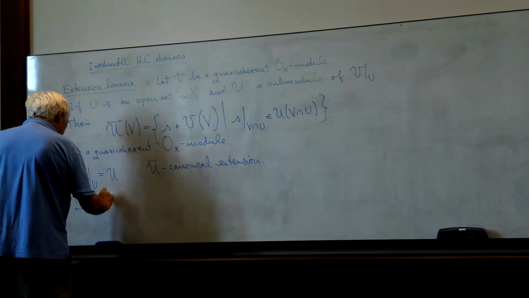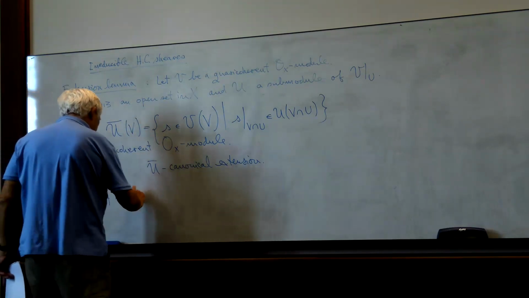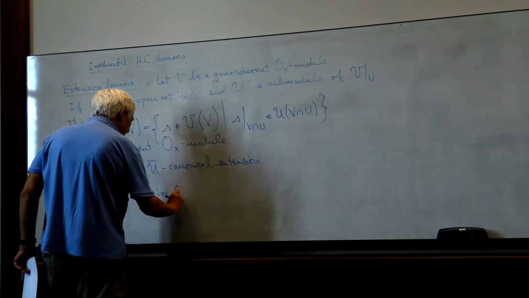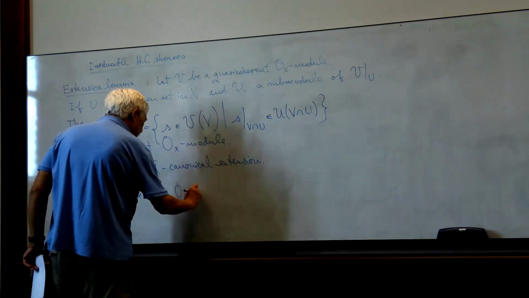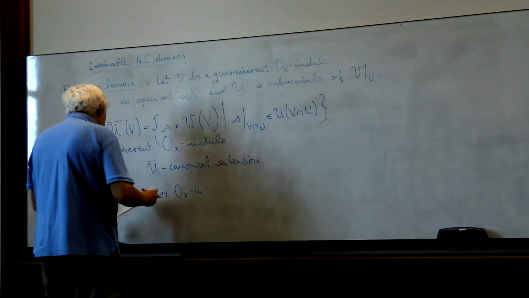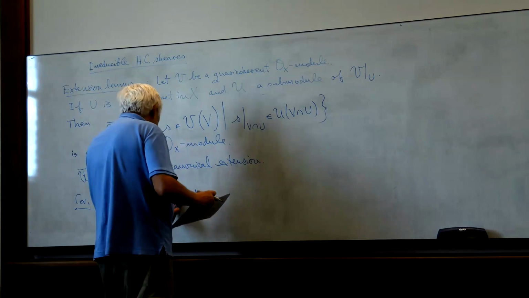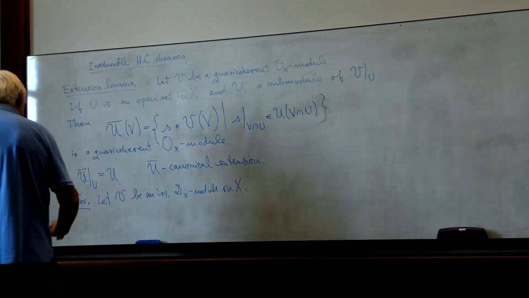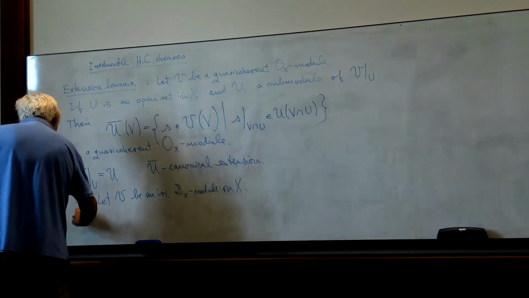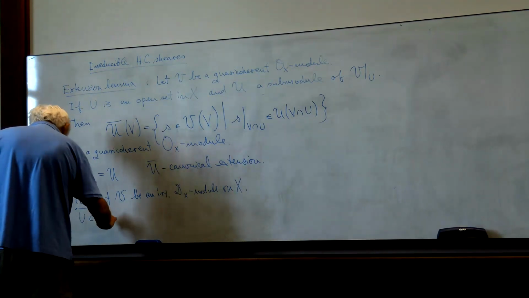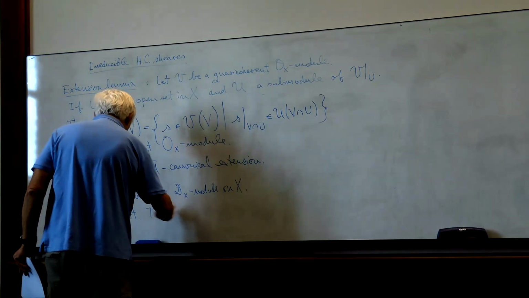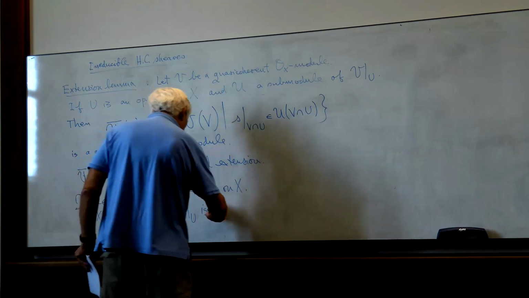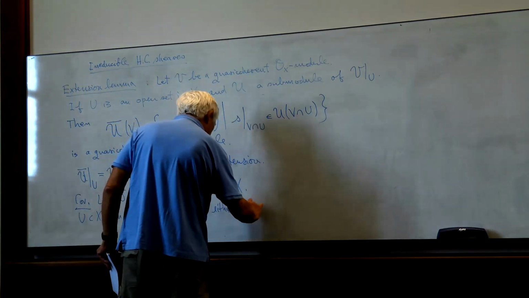Let V be an irreducible module. Then, for U an open set in X, V restricted to U is either 0 or irreducible.